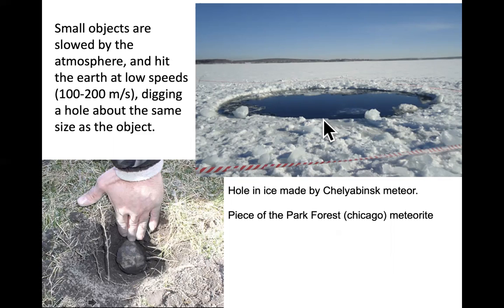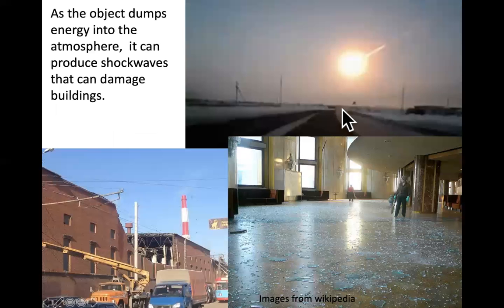But as it came down, it was transferring more energy into the atmosphere because of its higher mass. That energy deposition in the atmosphere created this bright flash. It also created shock waves that broke windows, and hurt people who happened to be standing by those windows.